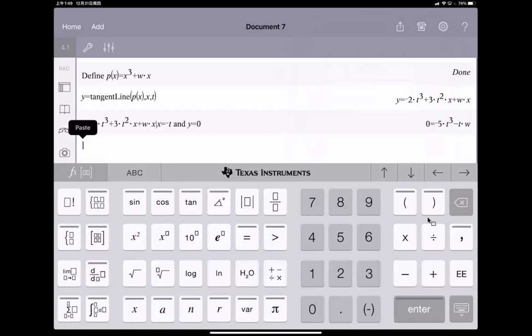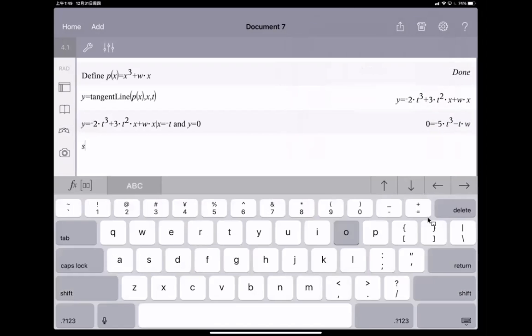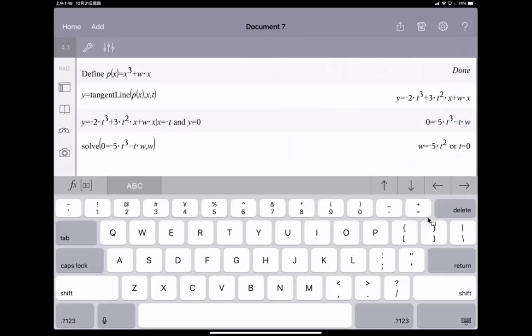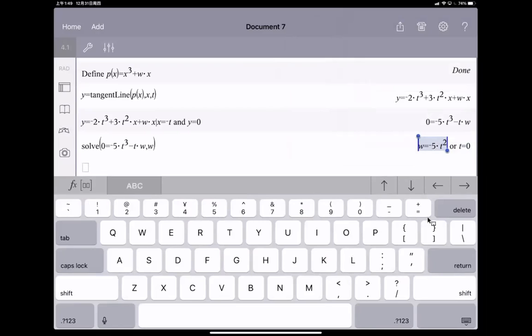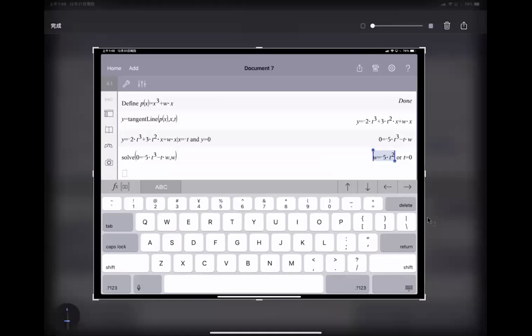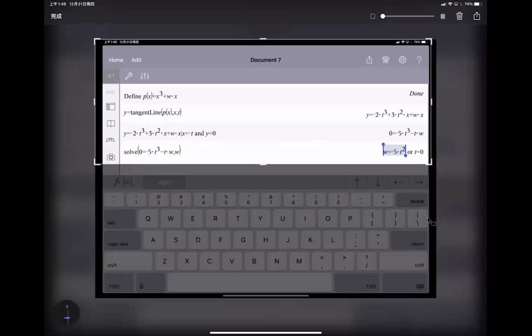Then, from that equation, you solve for w. All right, of course, t is non-zero, so you have to choose w equals to minus 5t squared. Okay, now, let me make a screenshot of that one.